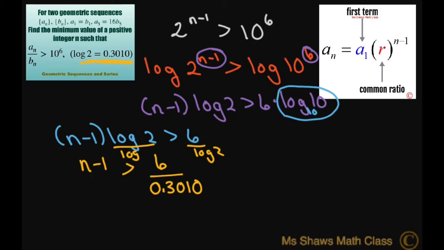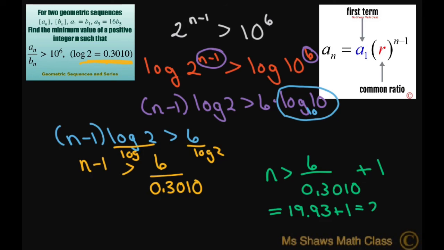That means n is greater than 6 divided by 0.3010, and we have to add 1. When you get that, n is going to equal 19.93 plus 1, which equals 20.93.